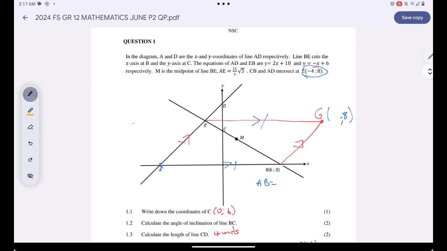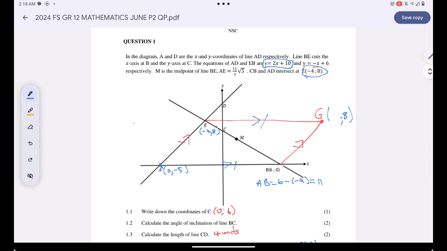Whenever you find the x-intercept, we make y 0 and solve for x. We'll find that here the points are 6 and -5. The point E is -4 and 8.